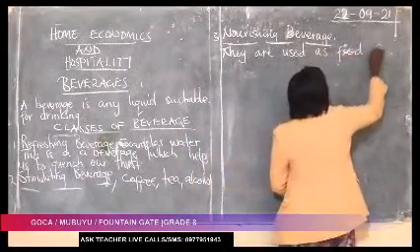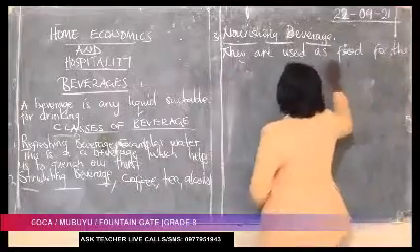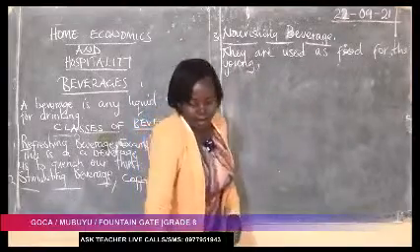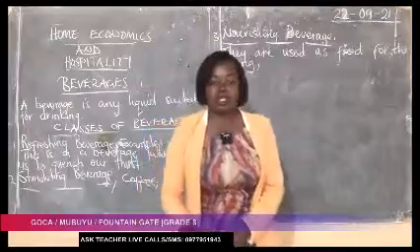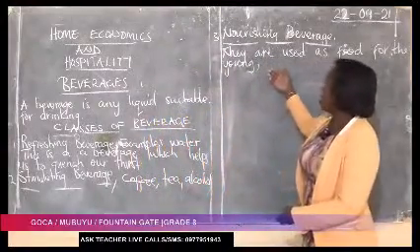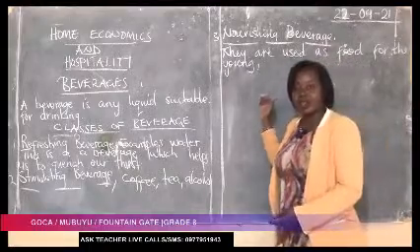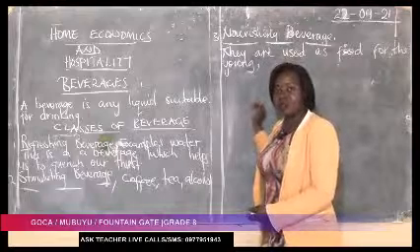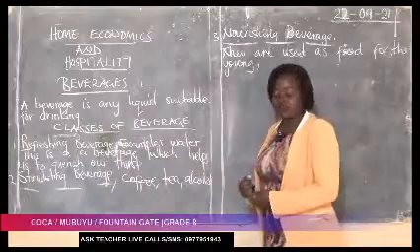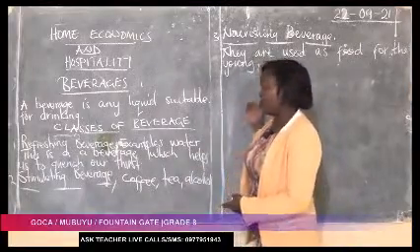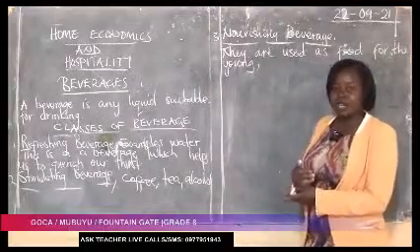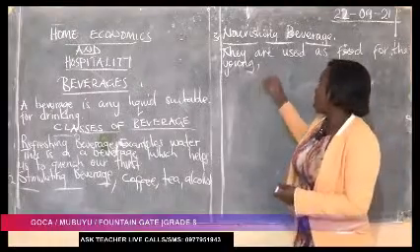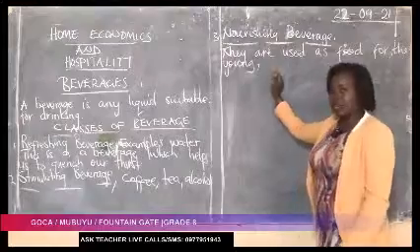And sometimes the nourishing beverages can be used by people that are invalids, convalescent, those people that are just recovering from different illnesses, and the invalids, those people that are confined because they're weak due to some illnesses, they're just confined in one place in their homes. They are supposed to have such beverages.